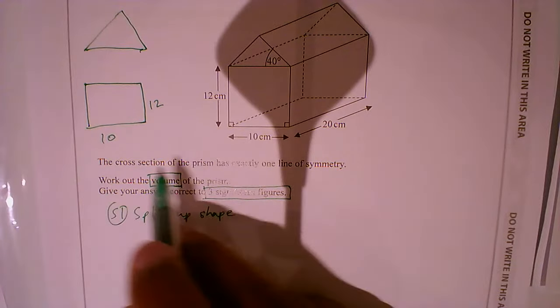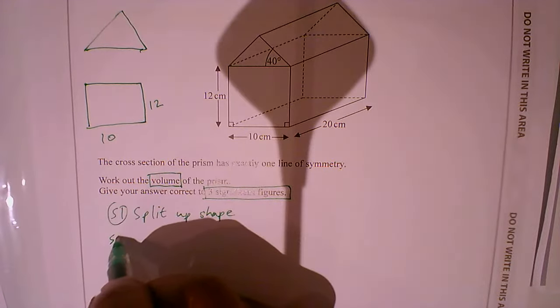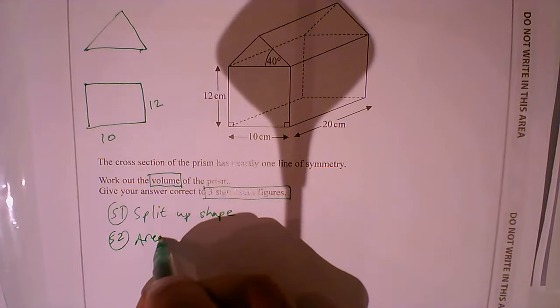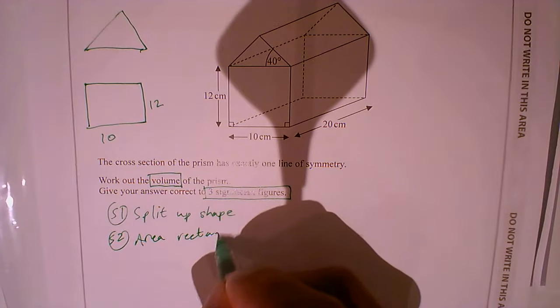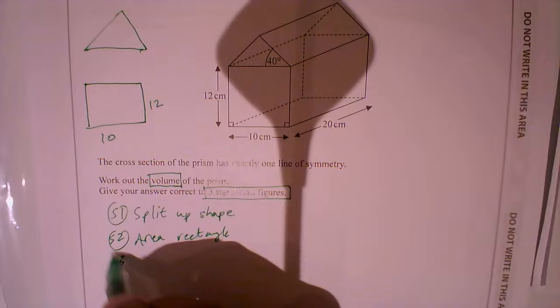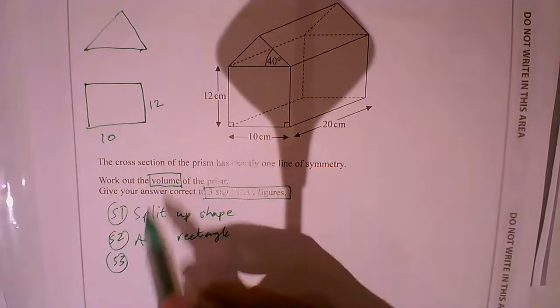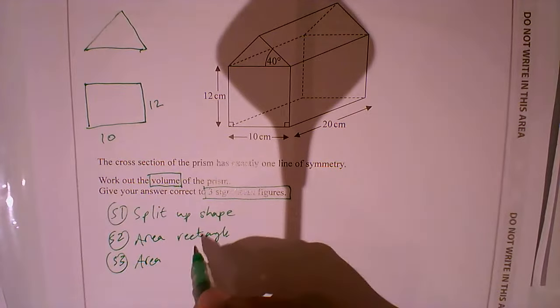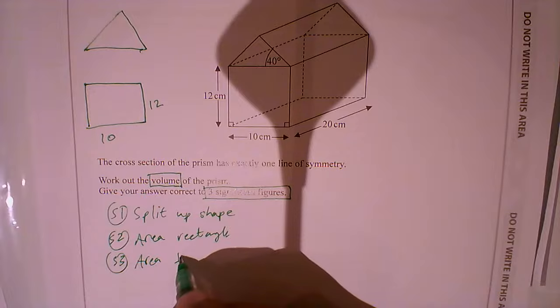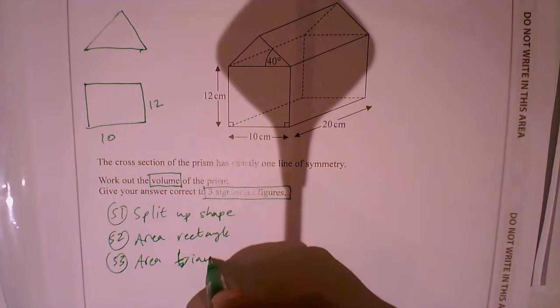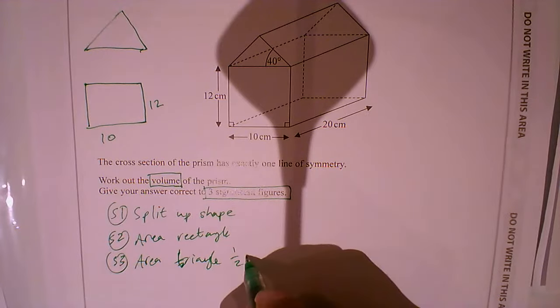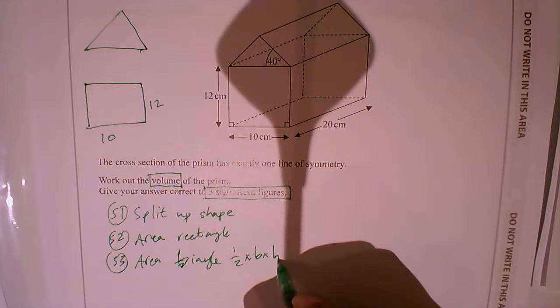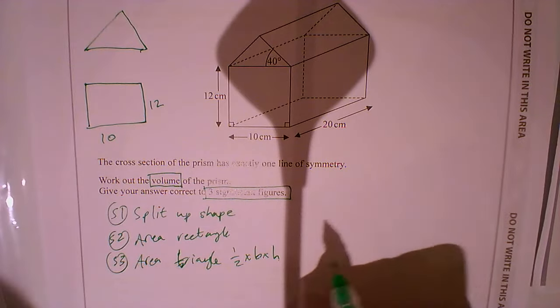So I need to work out the area of the rectangle. Step 3 is work out the area of this triangle. Area of a triangle is half times base times height, or base times height divided by 2.